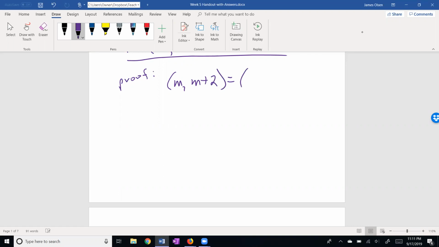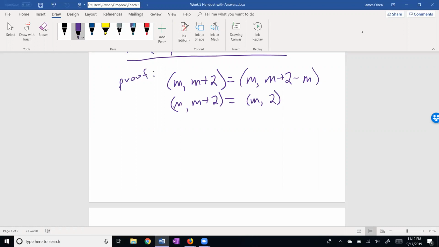I'm going to leave the first component the same, and I'm going to contaminate the second component by subtracting the first component. If this has a similar feel to the last proof, then you're noticing some things. If I simplify, I get 2 in the second position.